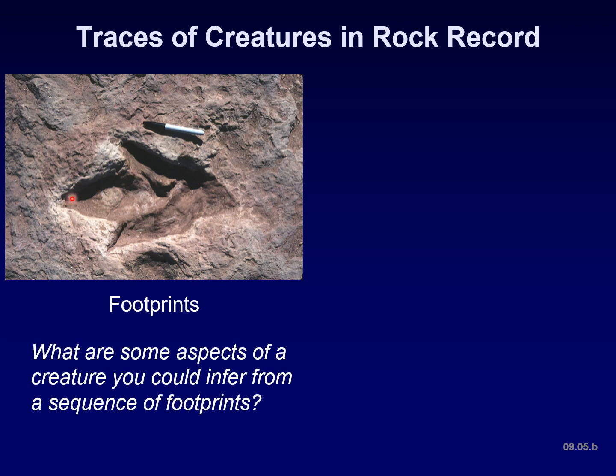So when we see trace fossils, we can infer all kinds of things about it. So if we're looking at this footprint, you can tell obviously how many toes it had. So you can tell something about just the structure of the foot itself. But based on the indentation, you can get a sense of the weight distribution on the foot.